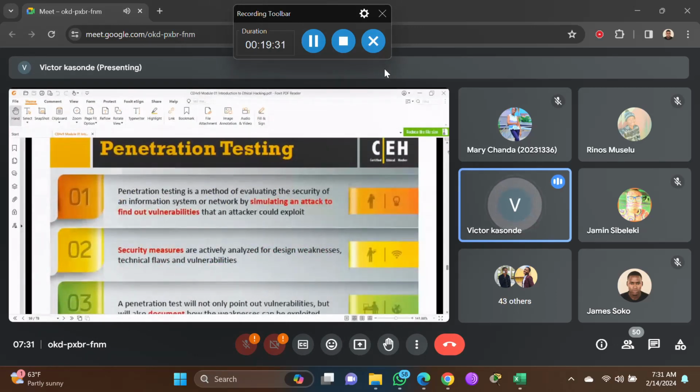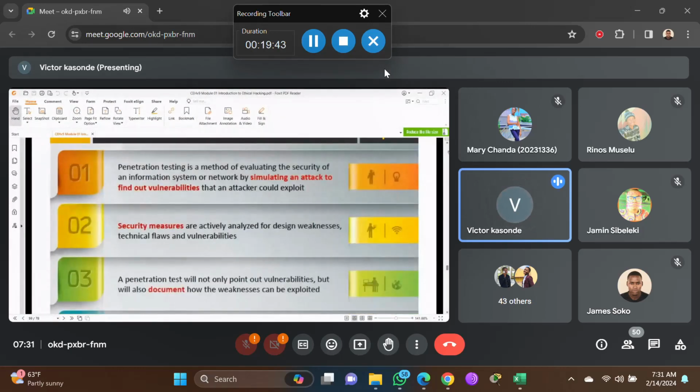Penetration testing is the method of evaluating the security of an information system or network by simulating an attack to find out vulnerabilities that an attacker could exploit. So you pretend to be an attacker, and then you simulate. That's why they are saying simulating an attacker to find out vulnerabilities.